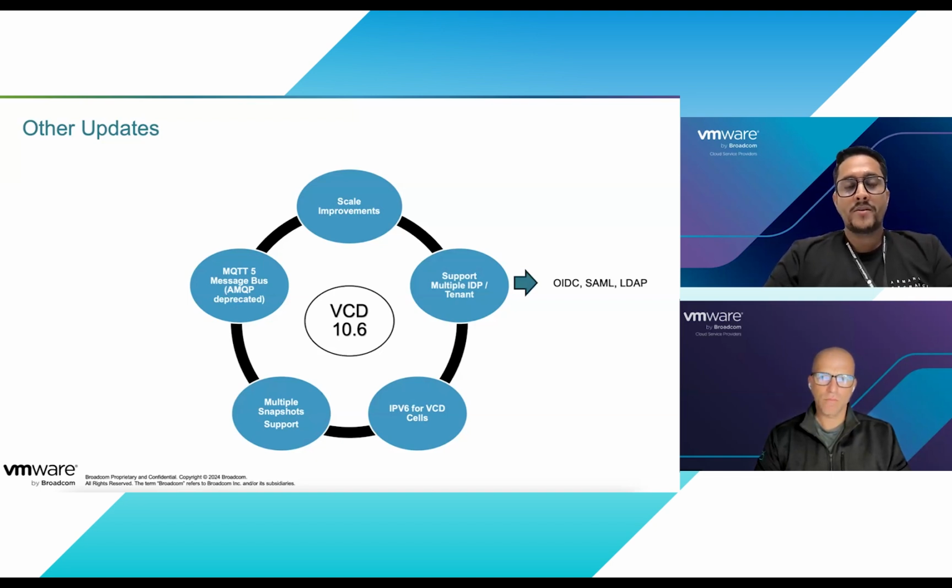Just as an FYI, we support OIDC, SAML, and LDAP authentication methods. Just to reiterate, in VCD 10.5, we did announce that local users will be legacy. It is still supported, but we do not recommend using local users going forward where possible. Where possible, always start from IDP user accounts.